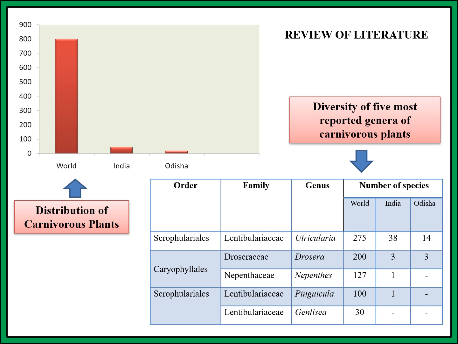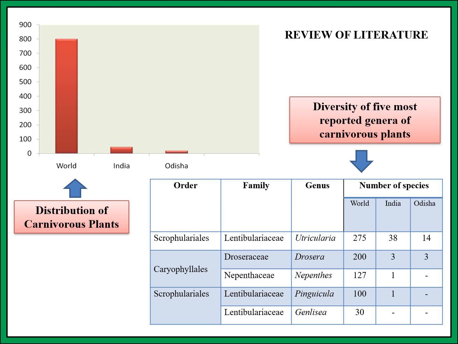First we will discuss the review of literature. From the review of literature, we have collected some data, and we have to present the data not in written form. Usually we write a lot, but we have to write less and present more.